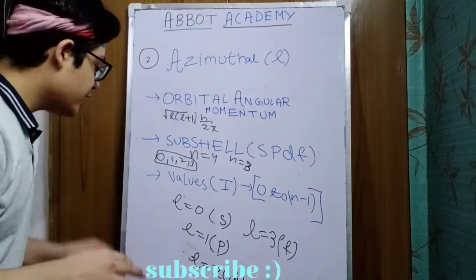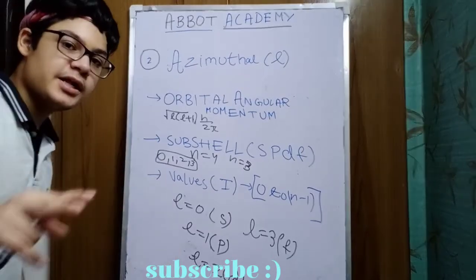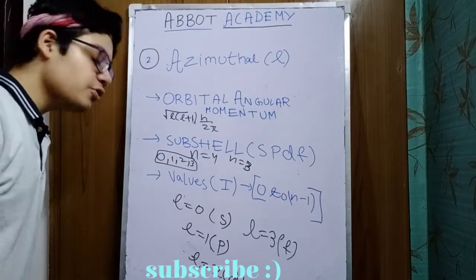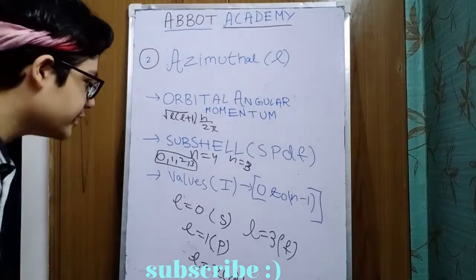So whenever you find l equal to 0, s subshell; l equal to 1, p subshell; l equal to 2, d subshell; and l equal to 3, f subshell.